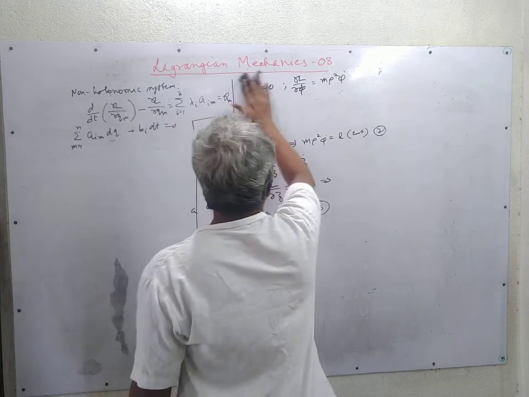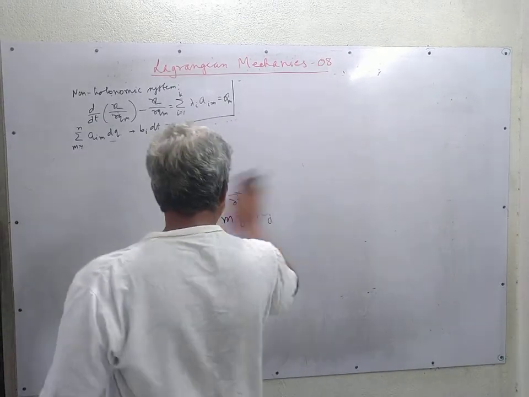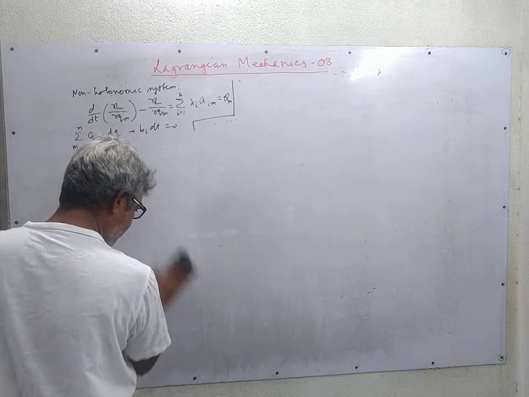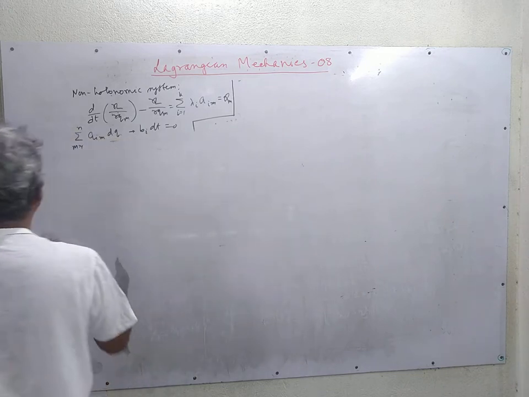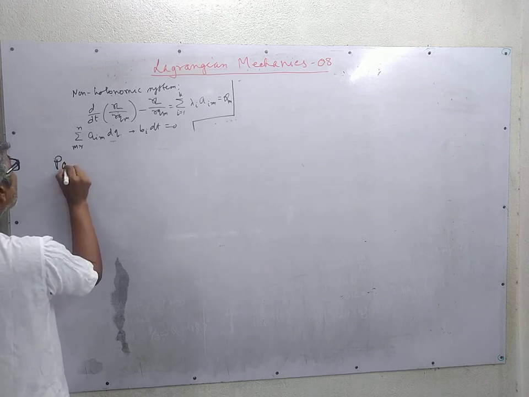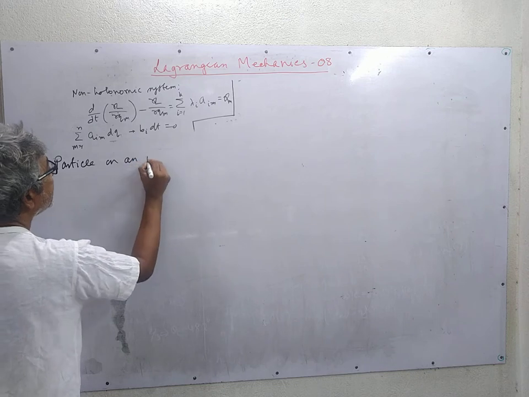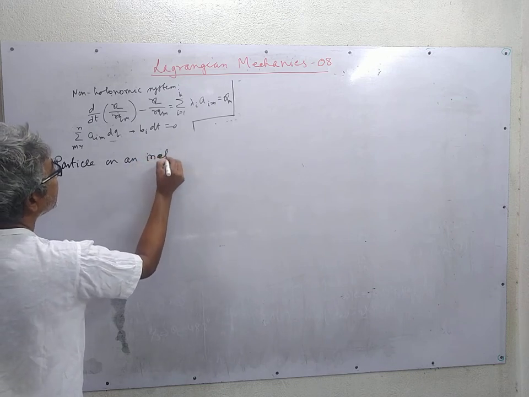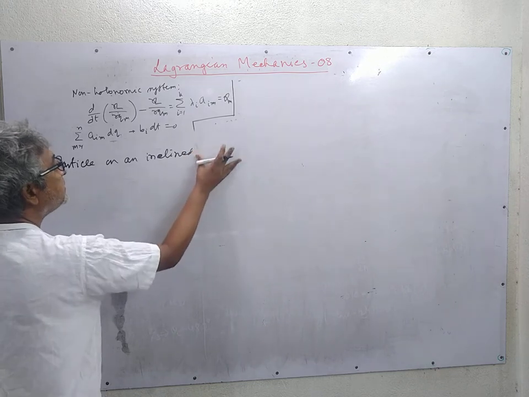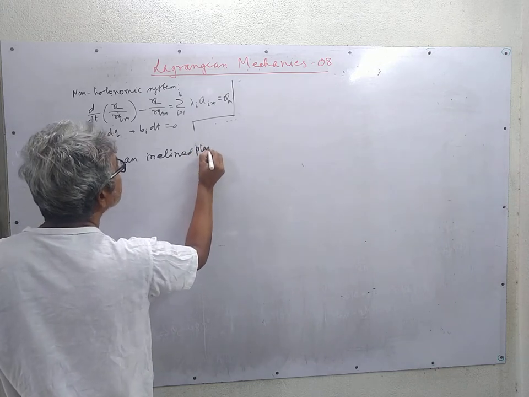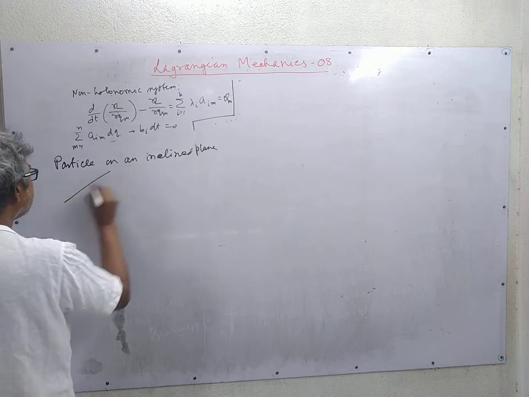This is a type of example that we shall consider for this non-holonomic system. So for a further example, a particle on an inclined plane. So we have an inclined plane like this.